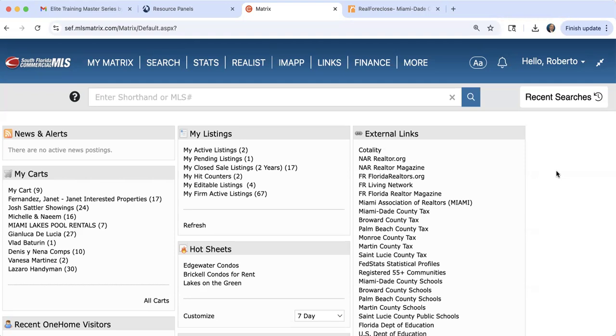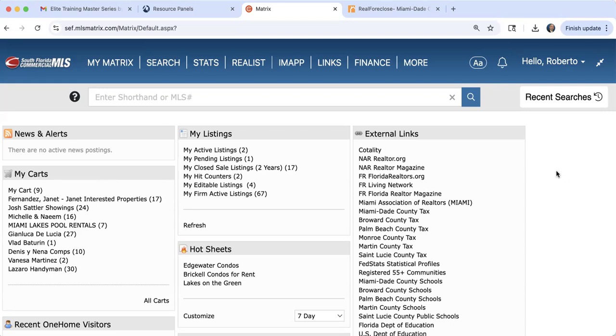Property values were lower and people were purchasing properties at a lower price, renovating them, and flipping them for a profit. Then, of course, property values did go up.